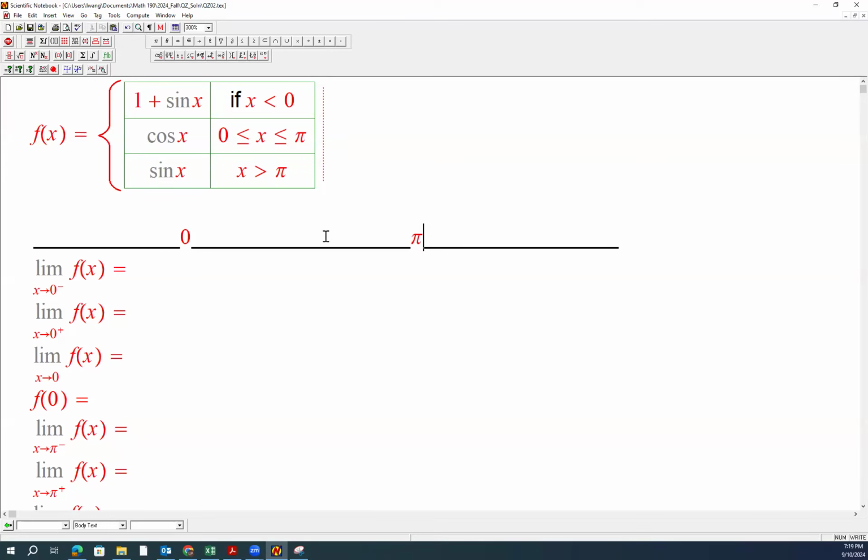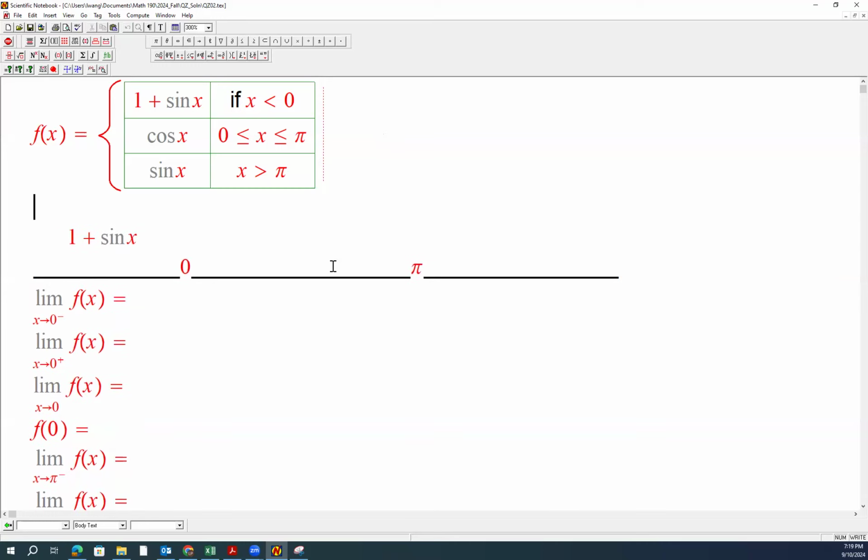For x less than 0, the function we use is 1 plus sine x. So you're going to mark it 1 plus sine x. You don't really have to draw the whole picture. The second piece is between 0 and pi, and that function is cosine x. And the third piece is sine x.